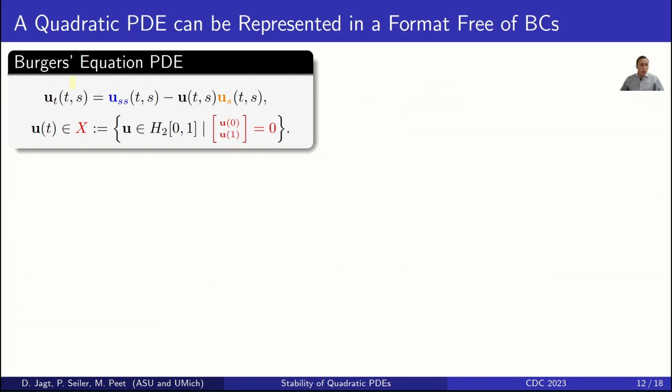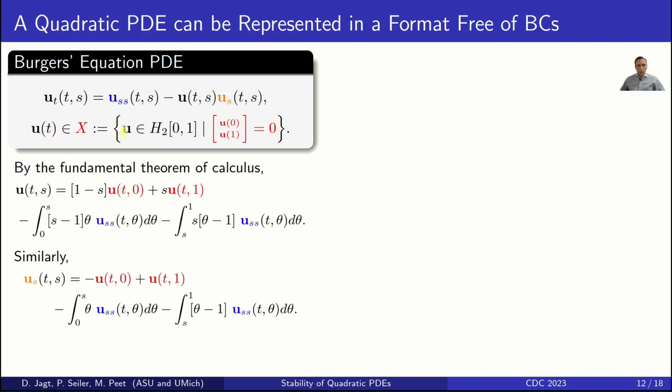For example, if we consider Burgers' equation here, we note that our state U at any time t must be an element of this state space X, required to satisfy these Dirichlet boundary conditions. So then in order to represent this system in terms of our distributed monomials, we will represent the dynamics in terms of this second order derivative of the state.